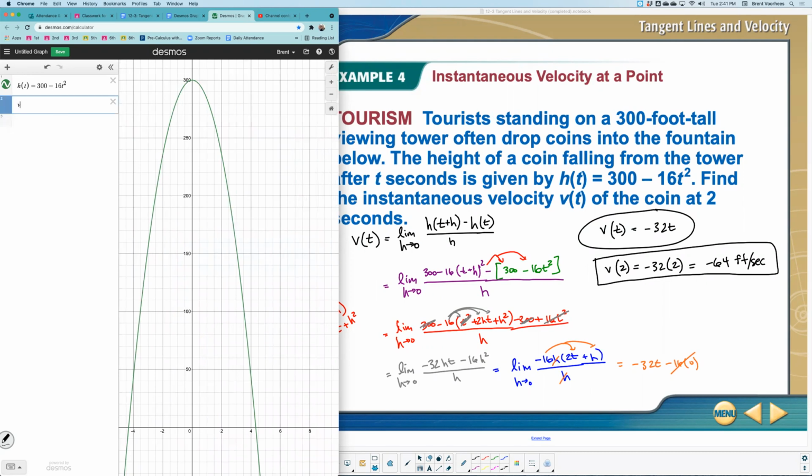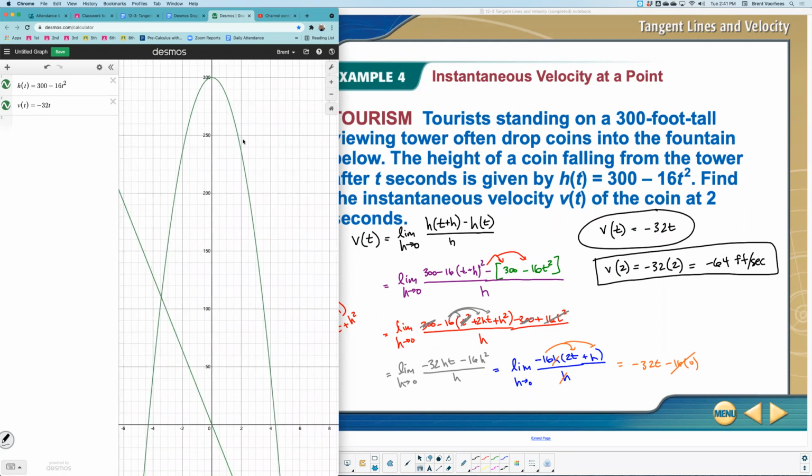What we found out is our velocity function v of t equals negative 32t. And so that's the speed at which the coin is falling. So at 2 seconds, we said it's negative 64. So at 2 seconds, which is right here, the slope of this line at 2 seconds would be negative 64.